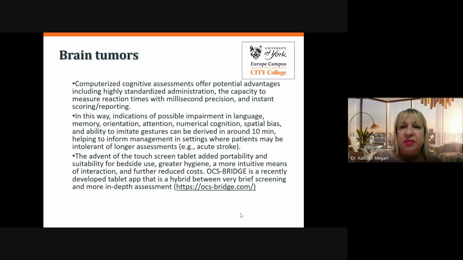highly standardized administration, the capacity to measure reaction times with millisecond precision, and instant scoring and reporting. In this way, indications of possible impairment in language, memory, orientation, attention, numerical cognition, spatial bias, and ability to imitate gestures can be delivered in around 10 minutes, helping to inform management in settings where patients may be intolerant of longer assessments, when we have stroke, when we have comorbidity, when we have other conditions along with brain tumors.